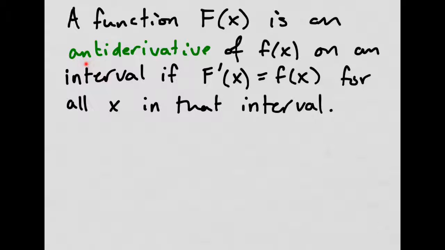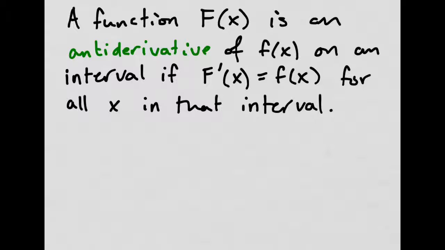So capital F of x is an antiderivative of f of x if you can take the derivative of it and you get f of x. That's pretty much an antiderivative. It's the step before you take the derivative.